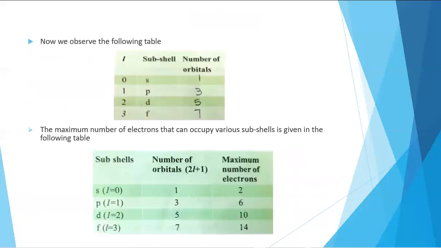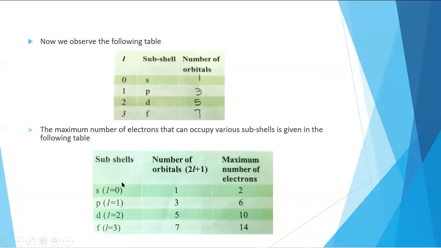For L equal to 0, the subshell will be called s and the number of orbitals will be 1. The maximum number of electrons that can occupy various subshells is given in the following table.